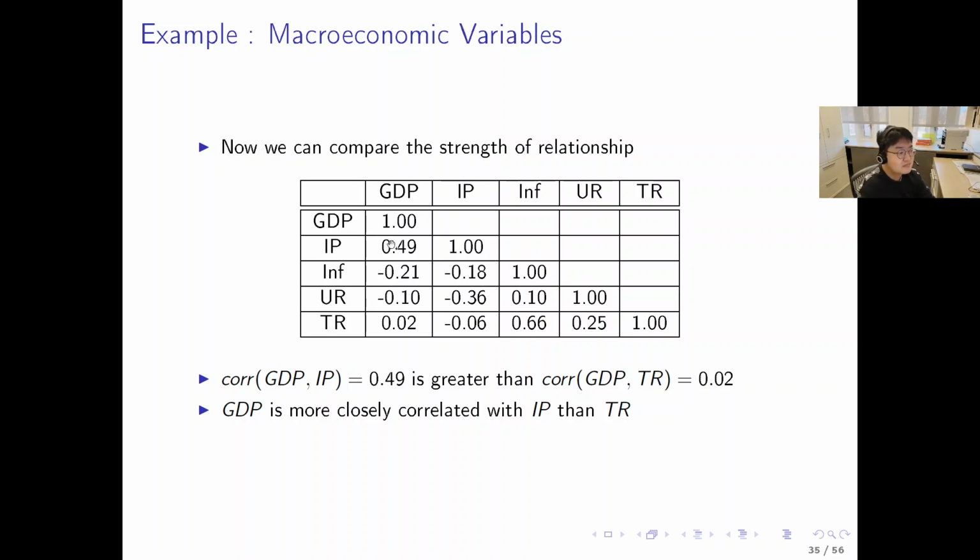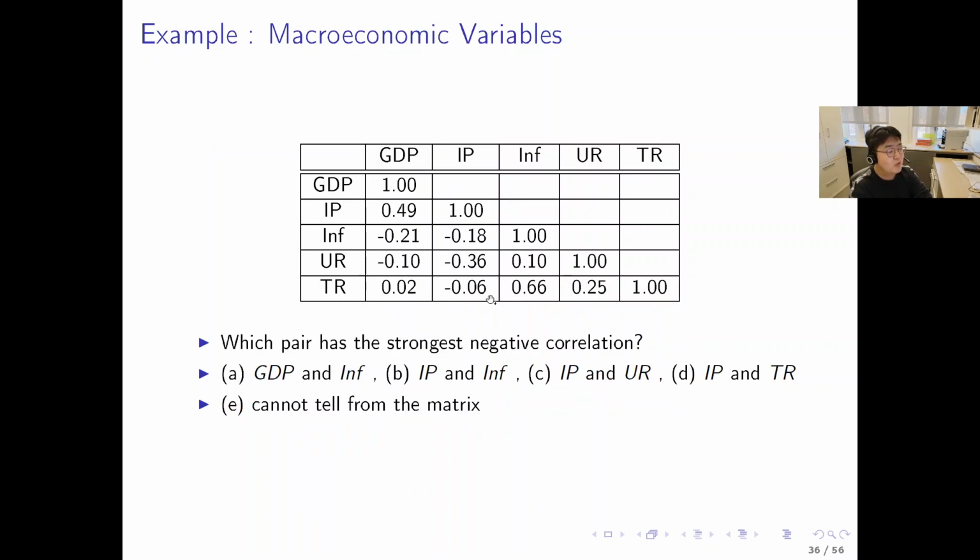You can tell the direction and the strength at the same time from this matrix. So this is another useful matrix we can use when you have multiple variables. For example, which pair has the strongest negative correlation? So easy to answer.